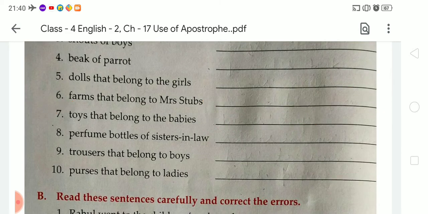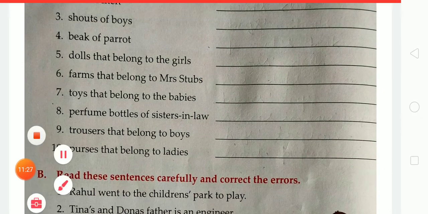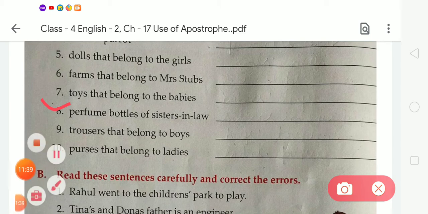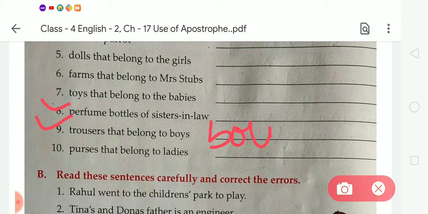Next, come to the next, perfume bottles of sister-in-law, so we have to write sister-in-law's perfume bottle. Number 9, trousers that belong to boys, so we have to write boys' trousers.